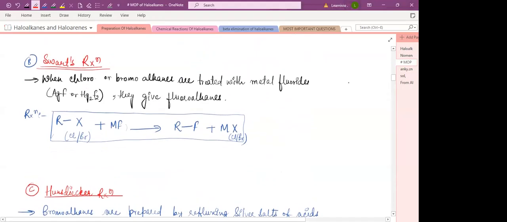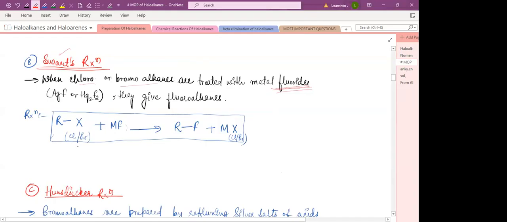Okay, next reaction is the Swarts reaction. This is again a halogen exchange method, used to prepare alkyl fluorides, or fluoroalkanes. The first halogen exchange method was the Finkelstein method, for the preparation of alkyl iodides. The Swarts reaction is for the preparation of fluorides.